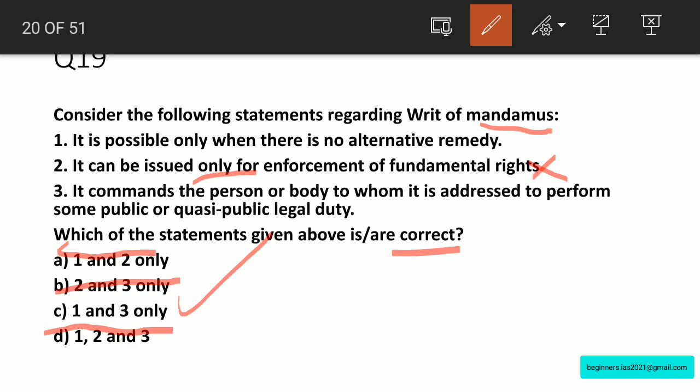As we have discussed, the protection of fundamental rights under constitutional remedies like mandamus is possible only when there are no alternatives, and it can be issued in enforcement of other rights also. Mandamus literally commands a public official to perform official duties he or she has failed to do. Therefore, 1 and 3 is right.